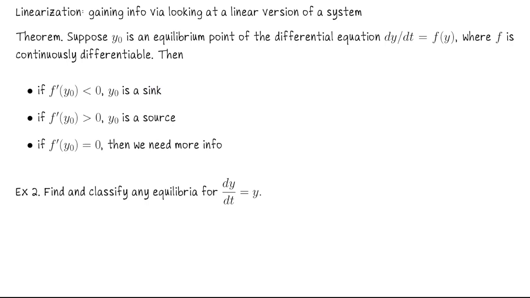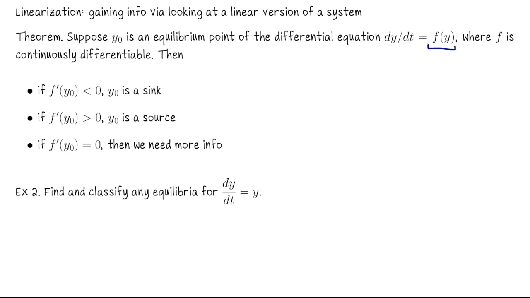Now we can do that out loud analysis whenever we have an equilibrium solution, but it's nice to have a concrete mathematical way of testing whether or not an equilibrium solution might be a sink or source. So we do that with this process called linearization, which is really just a fancy way of saying we're going to take the right-hand side of our autonomous first-order differential equations.